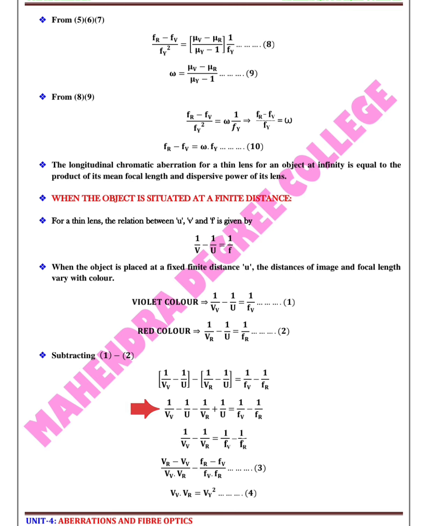Expansion of the above equation: 1 by Vv minus 1 by u minus 1 by Vr, minus into minus plus, so plus 1 by u, equals 1 by Fv minus 1 by Fr.